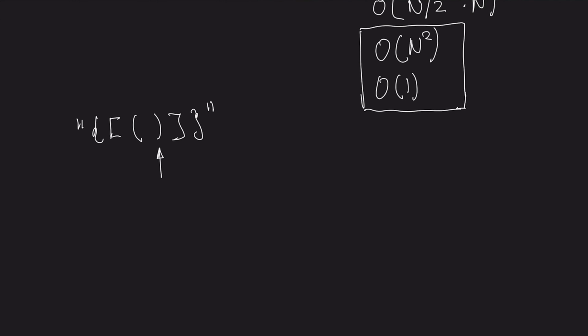Like in this case, we have a closing parenthesis. So the rule would be that the last open has to be an open parenthesis. And it is in our case. So we could say that the closing parenthesis is fine.